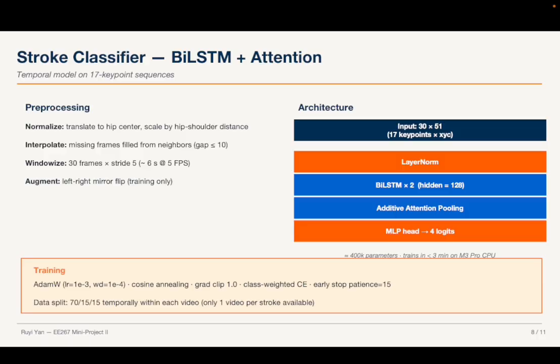Training: AdamW, cosine annealing and gradient clipping, class-weighted cross entropy, early stopping with patience 15. And the critical data note: only one video per stroke, so I split each video temporally, and I will address the implications at the end.